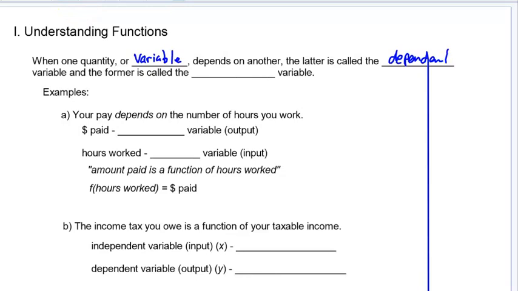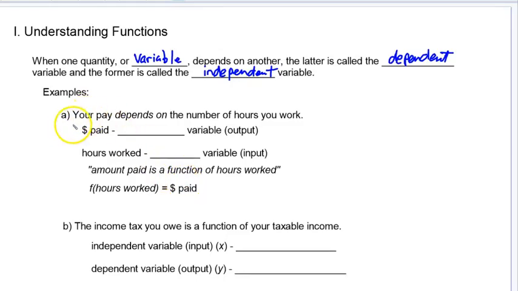Dependent. And then the former, the first variable, the one that we use to initiate, to plug in, if you will, that's called the independent. We have other ways of referring to these variables.